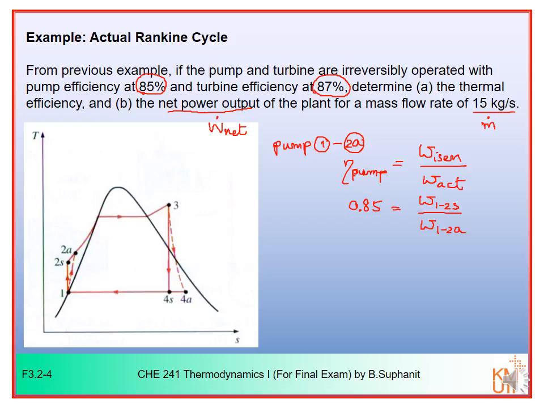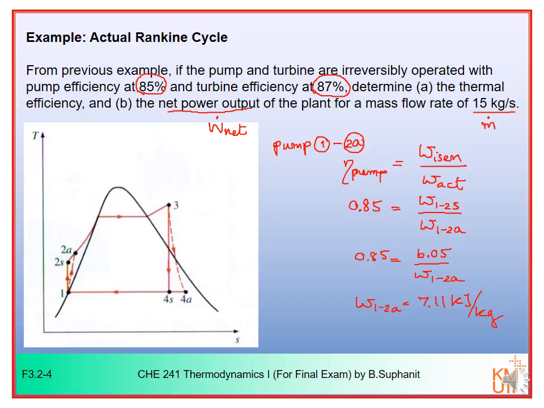Now from the previous example, we have already calculated isentropic work, and it is 6.05. We can then substitute the values and calculate the actual pumping work W12A, and that would be 7.11 kilojoules per kilogram. So this is W12A.